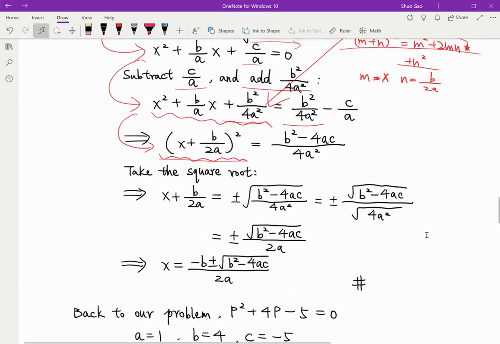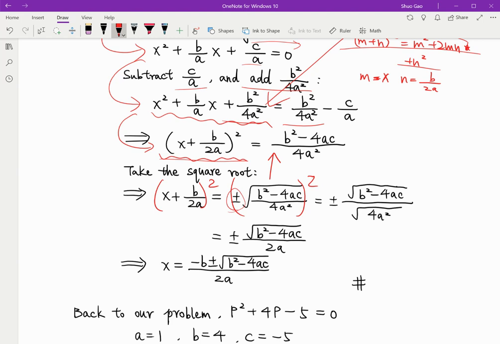And then we take the square root on both sides. The left-hand side becomes x plus b over 2a, and the right-hand side becomes the square root of this thing. But pay attention that we have a plus or a minus sign here because we take the square root. If we take the square of both sides, we get this equation.